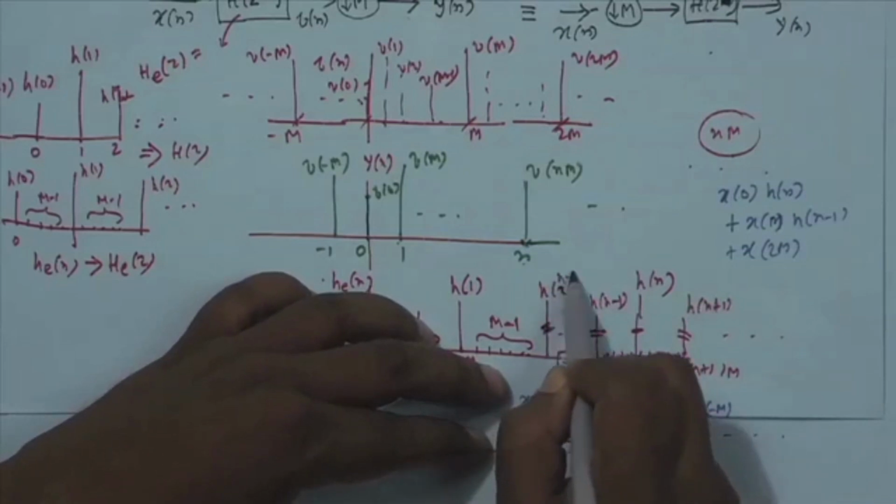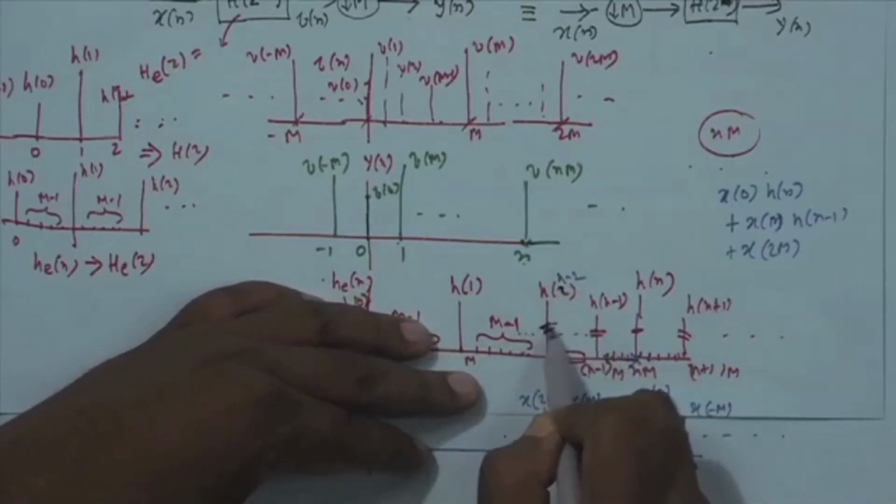So, this is n minus 2 actually, dot dot dot dot n minus 2.